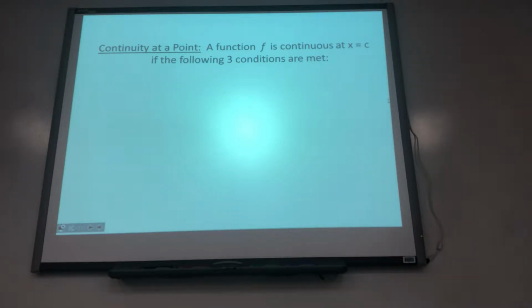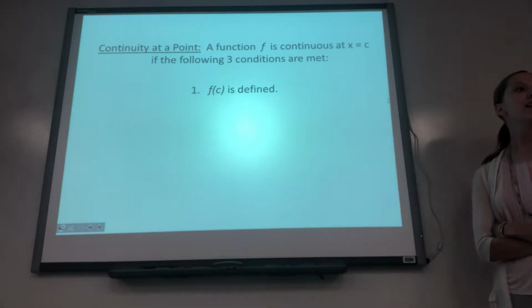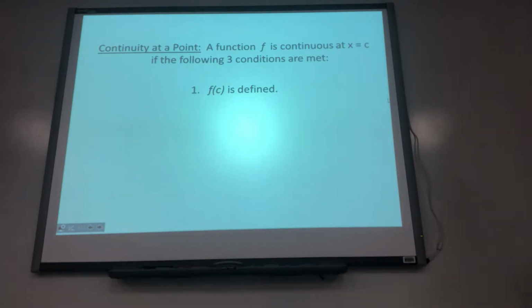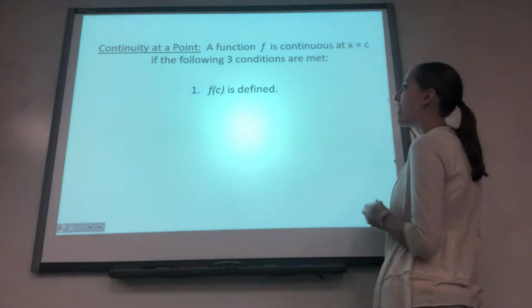And I'm going to list those three conditions now. These are very important. We have to know what these are. First of all, f of c is defined. Okay, that's one of our conditions. For it to be continuous at this value of x, whatever it is, that c, it has to be defined there.